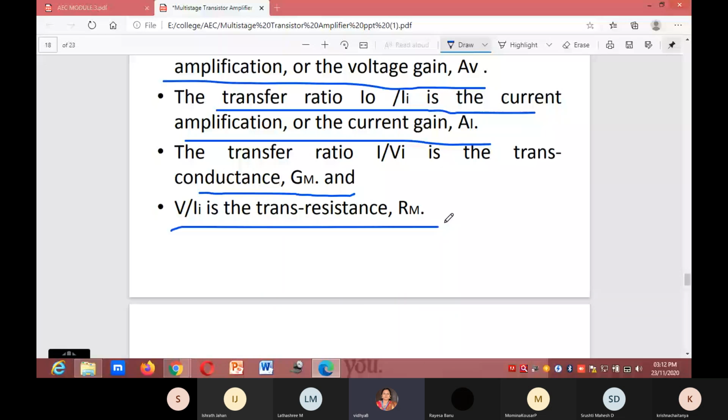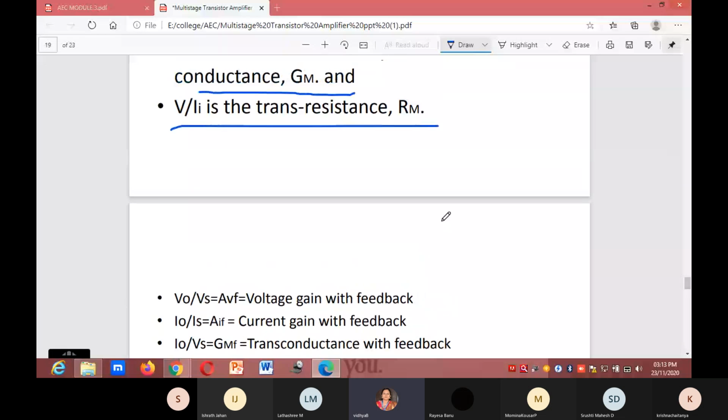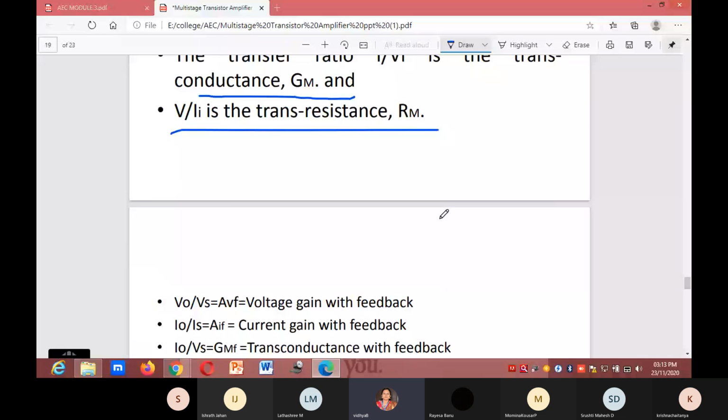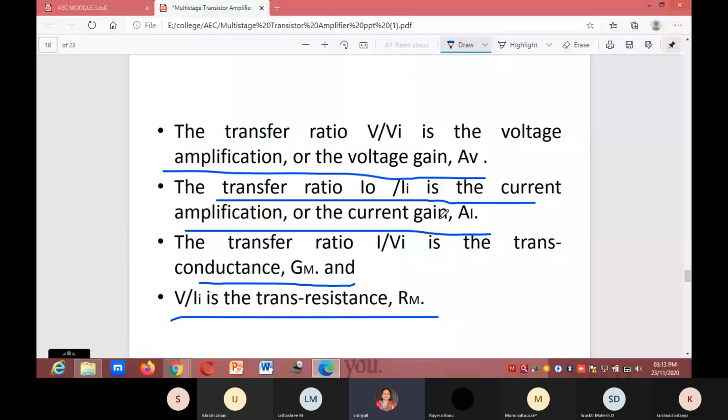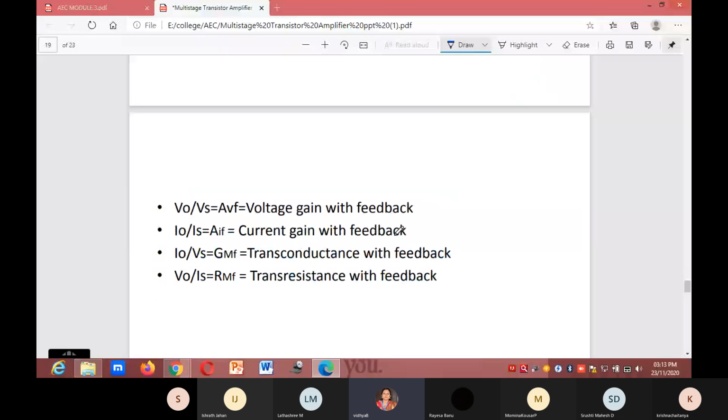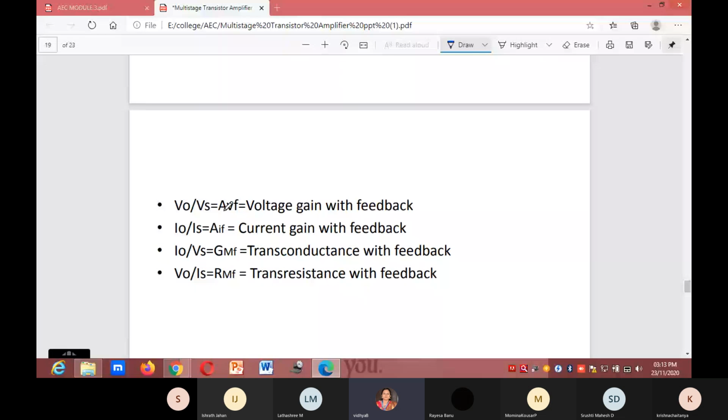Without feedback, for voltage gain we have written Vo divided by Vi. But when you consider the feedback, you will get Vo divided by Vs. So instead of AV, we write AVF because we consider the feedback here.